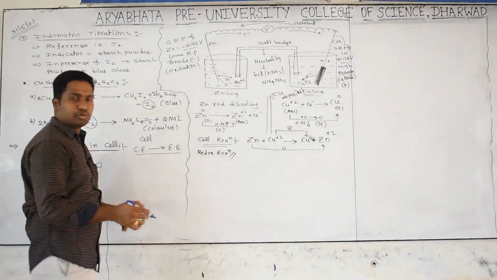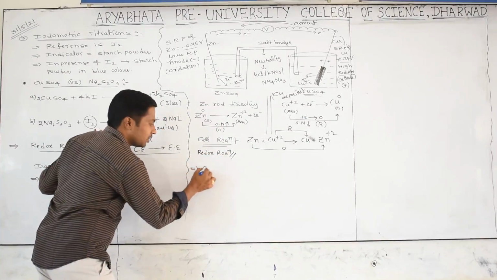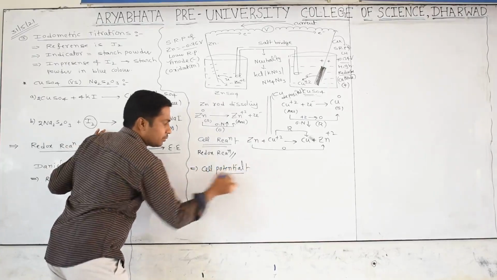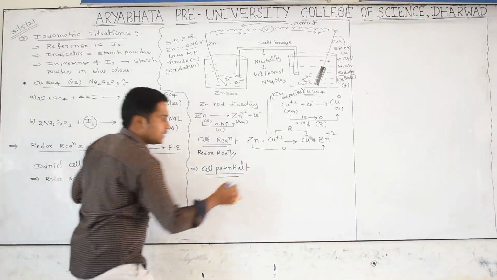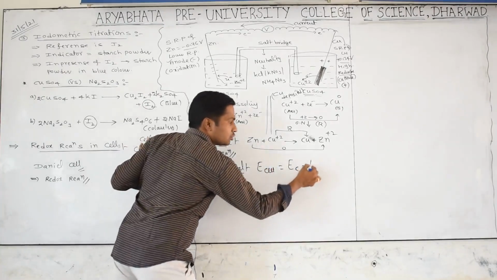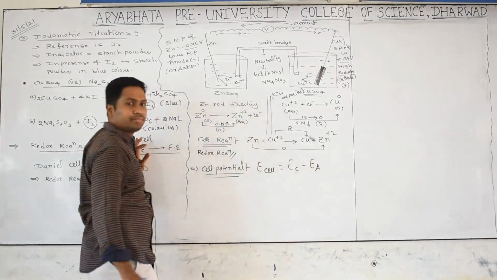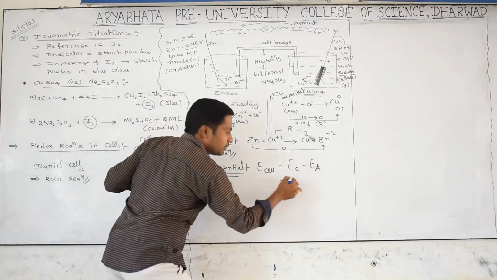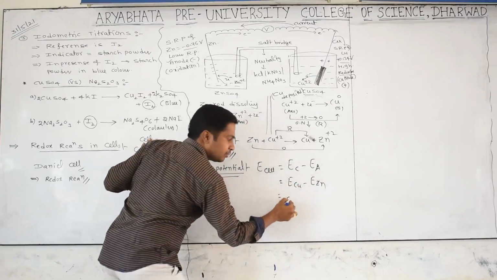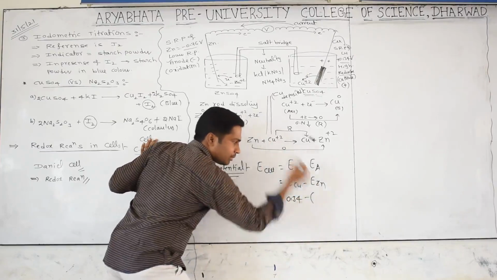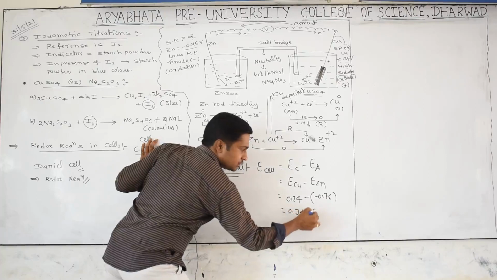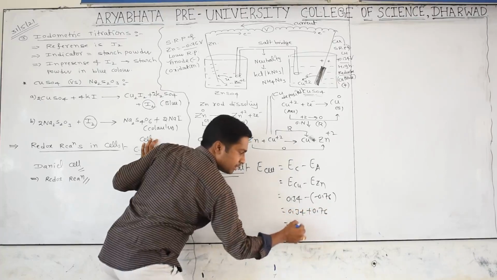Later I want to tell you one more thing: the EMF of the cell, or cell potential. The cell potential or electromotive force of the cell is denoted by E cell, which equals the electrode potential of the cathode minus the electrode potential of the anode. That means the electrode potential of copper and of zinc: 0.34 minus minus 0.76, which becomes 1.1 volts.